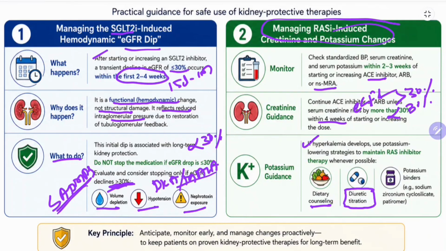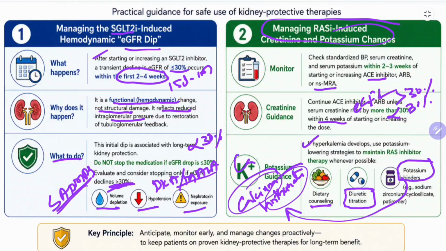They themselves cause potassium loss through the urine, both thiazide-type diuretics and loop diuretics, or you can use potassium binders. Nowadays they are available, like calcium lanthanate in this form, or calcium carbonate itself binds potassium in the GI.